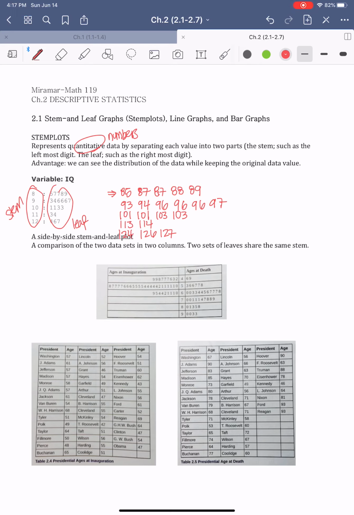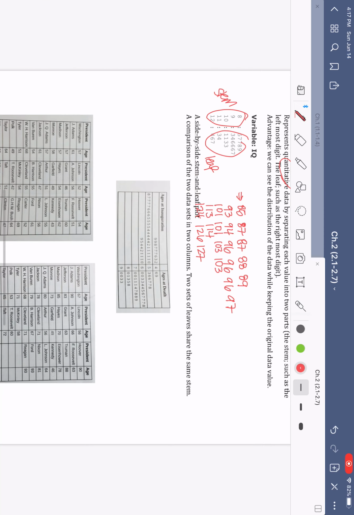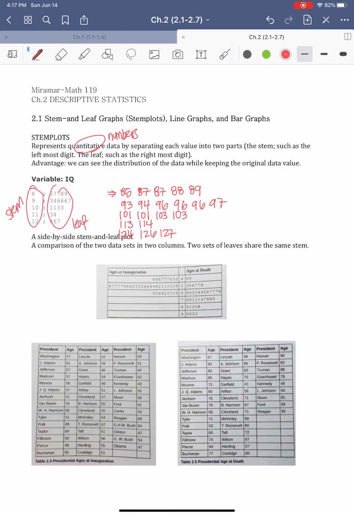Okay, now the advantage says we can see the distribution of the data while keeping the original data value. Now, if you rotate your paper and look at it, you're going to see the distribution. It's hard for me to rotate the paper; it automatically flips the screen.